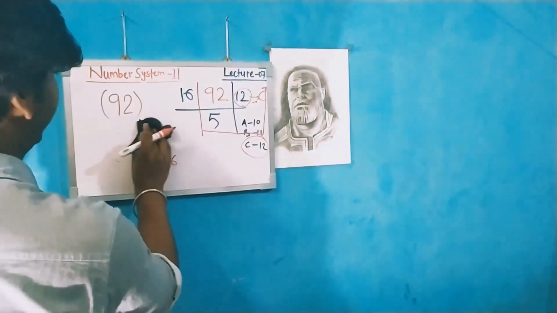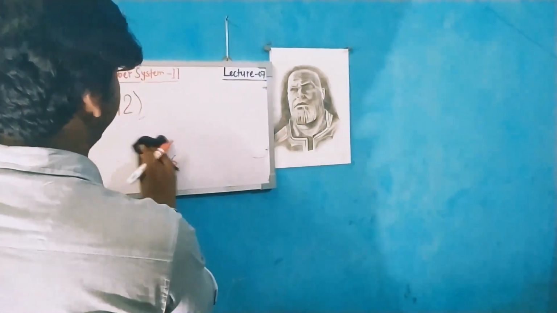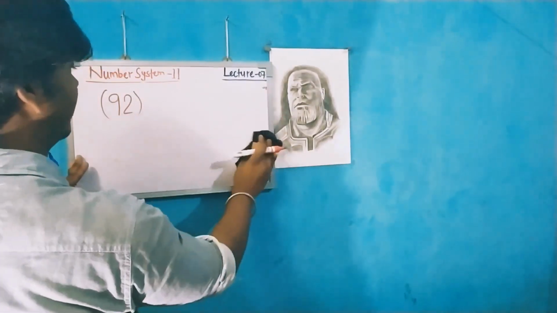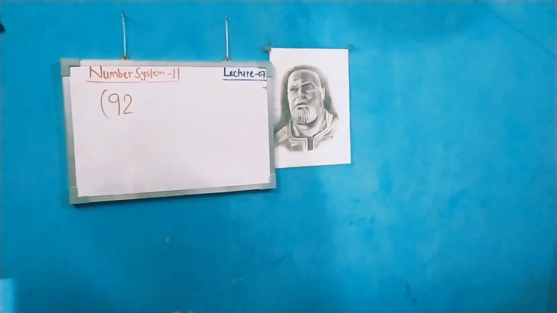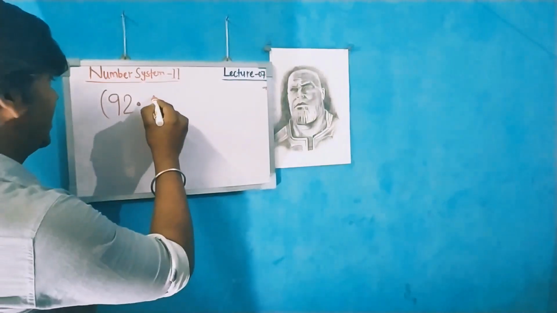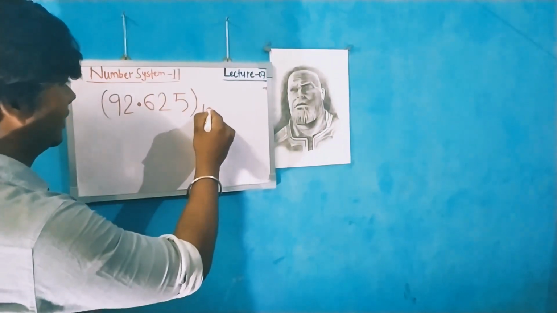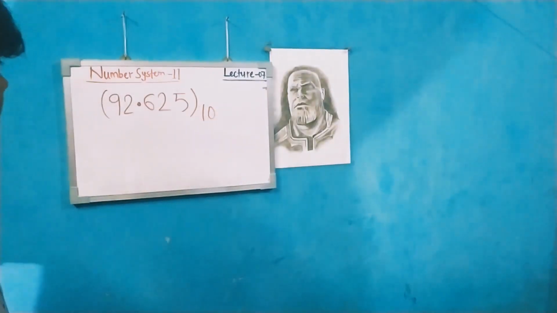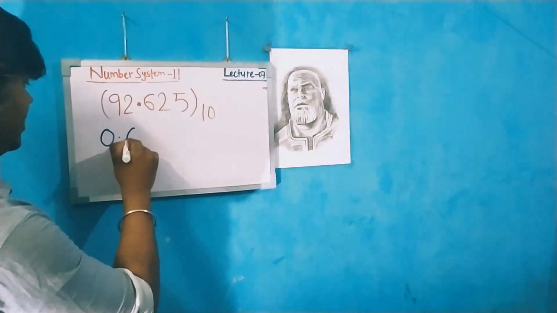So here you have converted a number into hexadecimal. Now suppose we have a fractional number like 0.625. We use the same process.